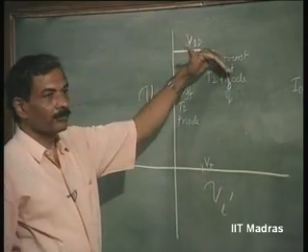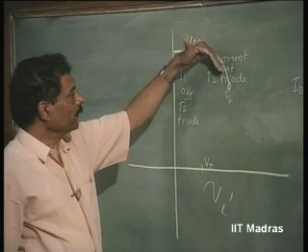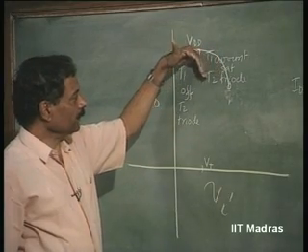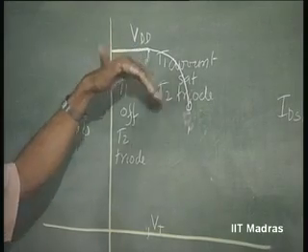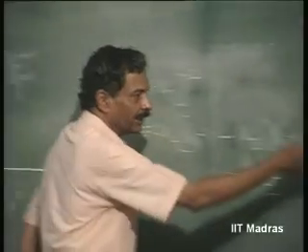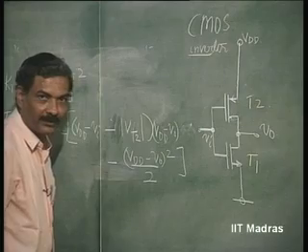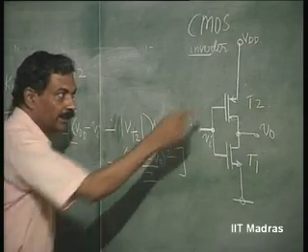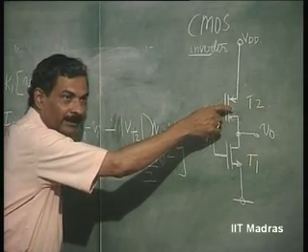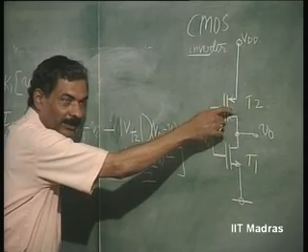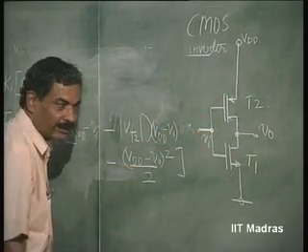This will go on. The triode region T2 remains until a point is reached at which it will come into current saturation, that we have to find out. What is that point at which T2 comes out of the triode region into the current saturation region? Let us see.